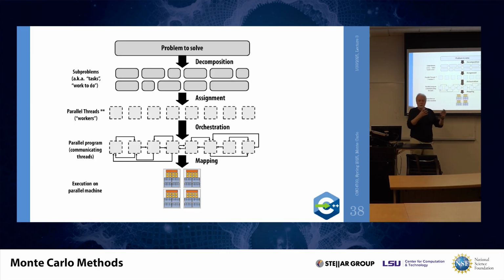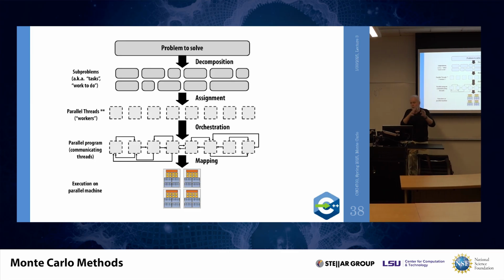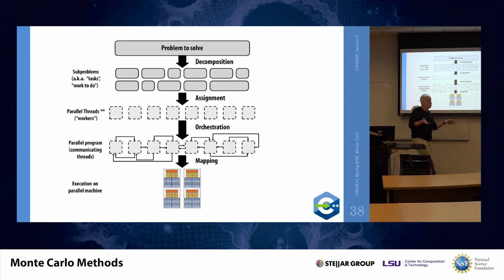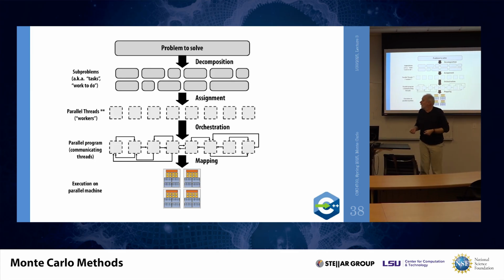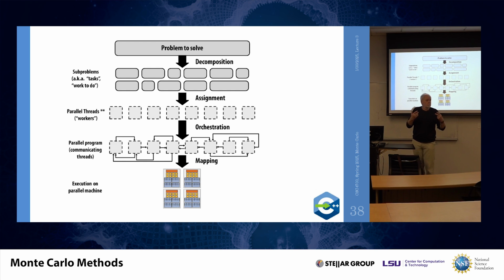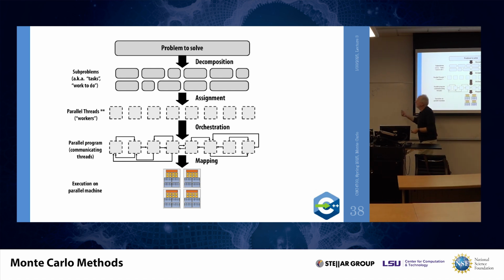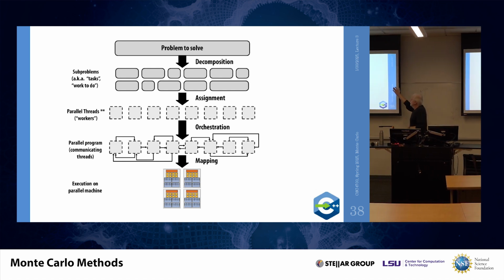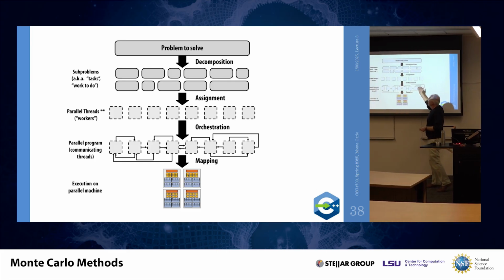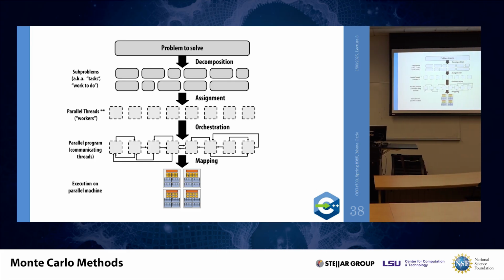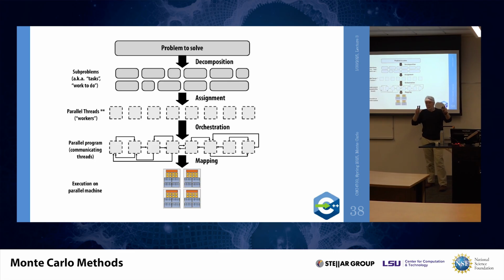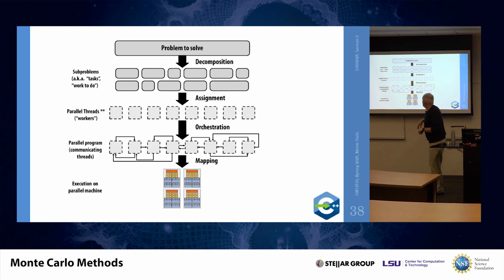You have to understand which pieces of your algorithm can run independently of other pieces. That's what we will do in a moment. Then you have to assign those tasks you have identified to parallel execution units. You have to say, okay, you go there, you go there, you go there, and then they can run in parallel.